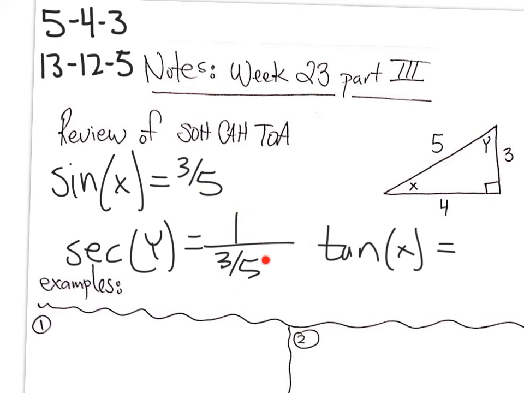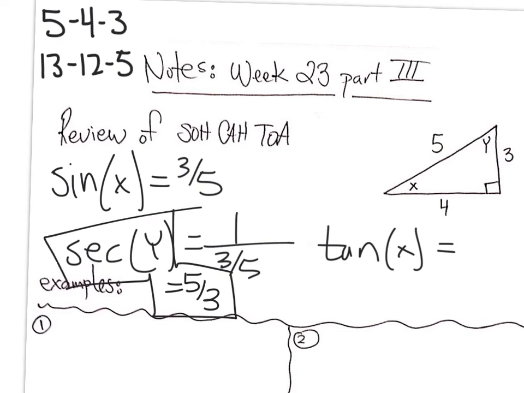Dividing by a fraction is the same as multiplying by the reciprocal, and it would yield 5/3. Okay, and then lastly, just as more review, tangent of x. Here's angle x, and tangent is the opposite over the adjacent. So it would be 3/4.